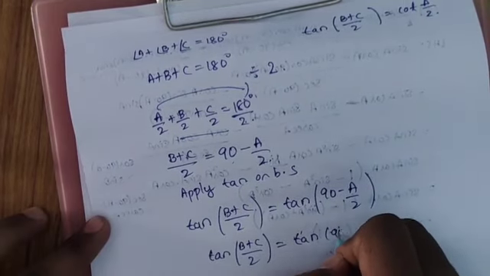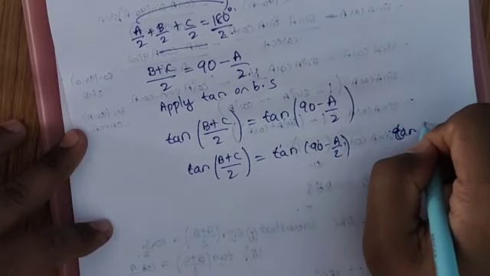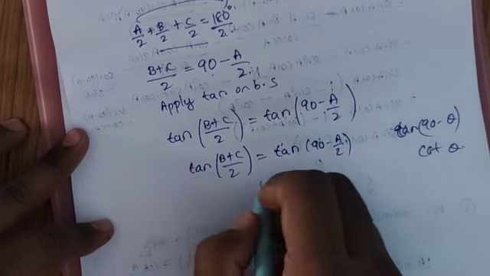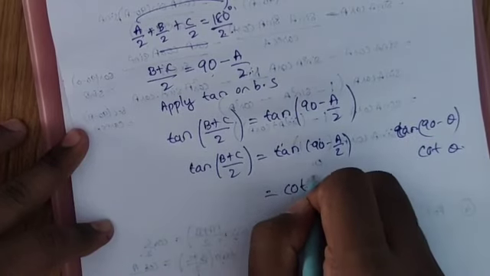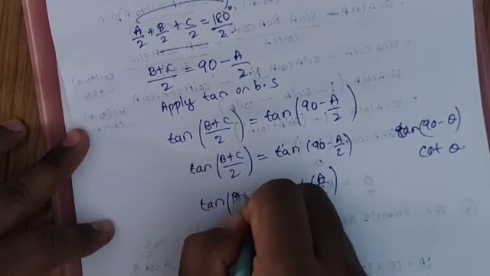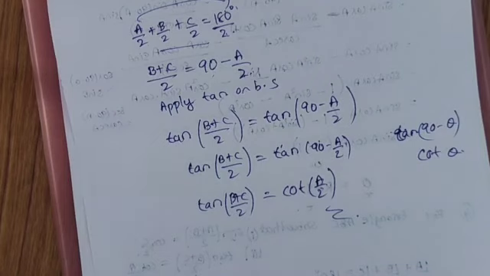Here it is in the form of tan(90 minus theta), right? So tan(90 minus theta) can be written as cot theta. So this becomes cot(A/2) = tan((B+C)/2). So this is what you need to prove. So this is the result.